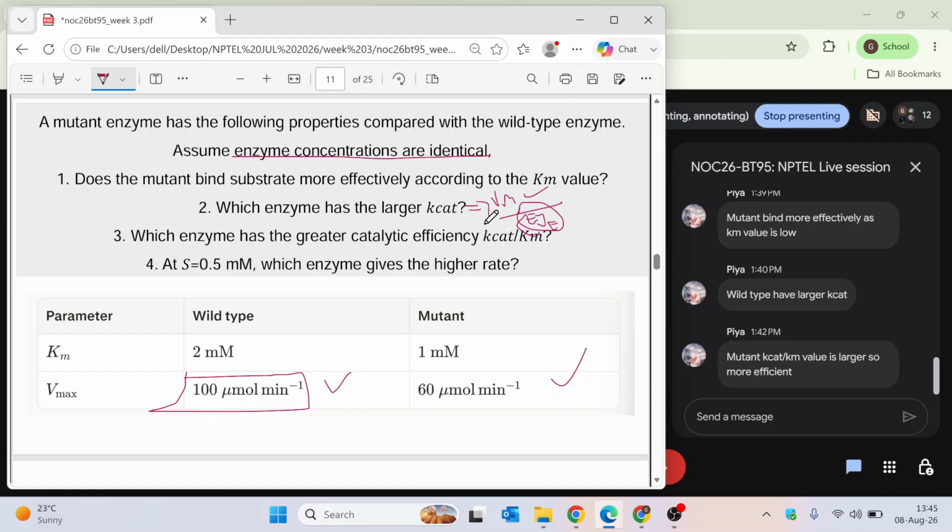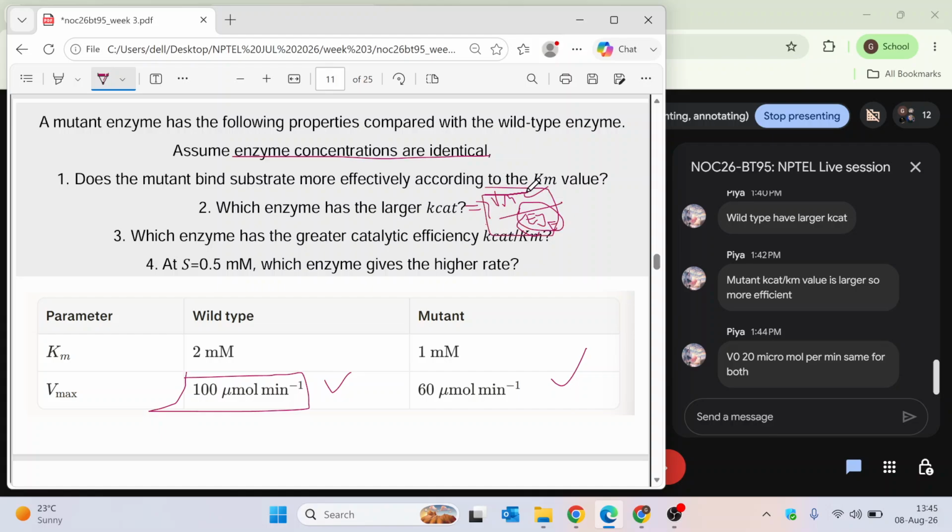Catalytic efficiency is kcat by Km. Since here also this condition applies, the enzyme concentrations are identical, instead of kcat by Km, you can compare Vmax by Km. The same thing that we did here.